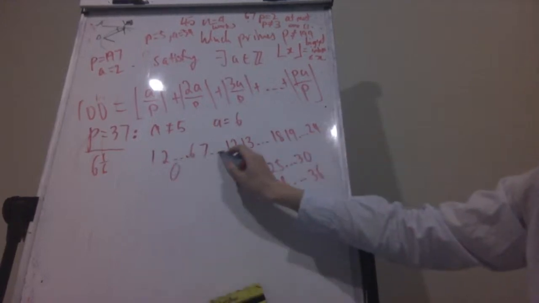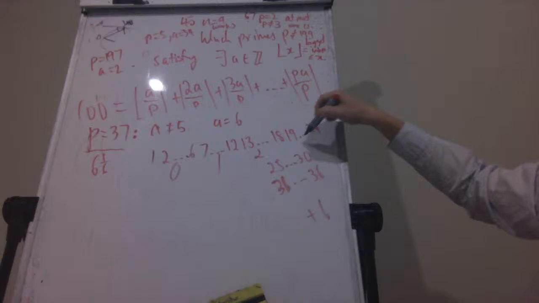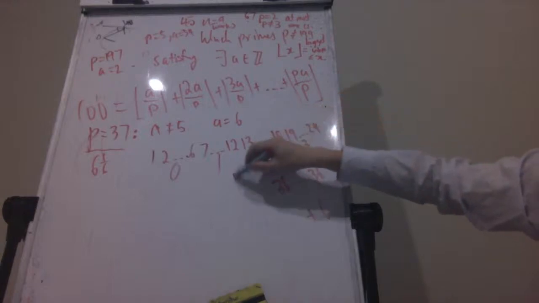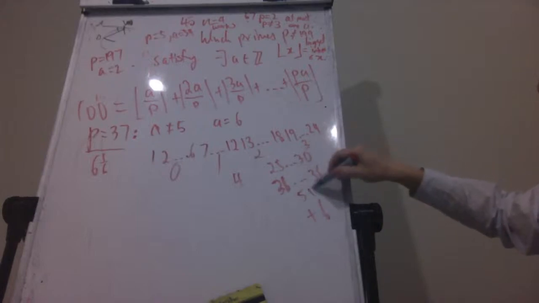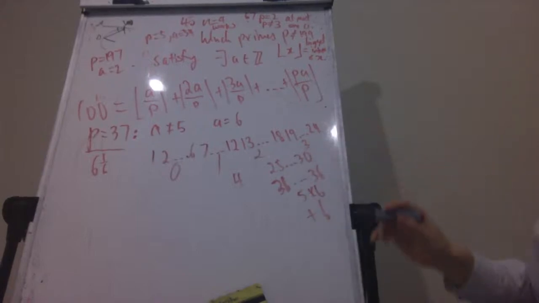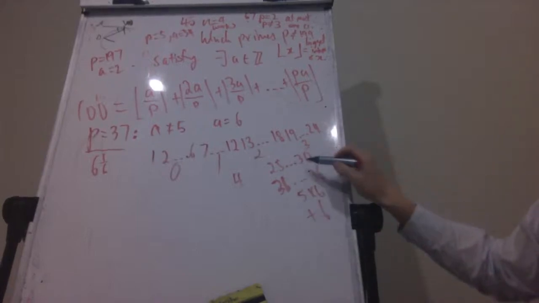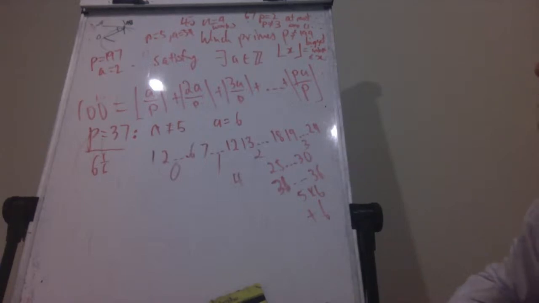So that's 0, 1, 2, 3, 4, 5. I should say 30. 25 to 30. So 24 and 4/6, right?